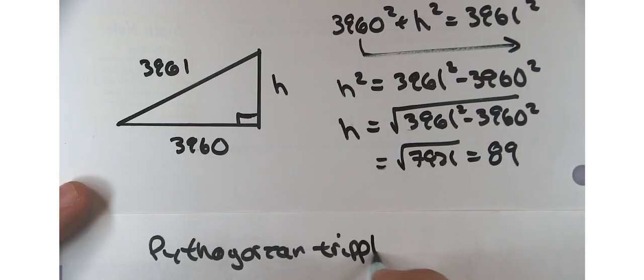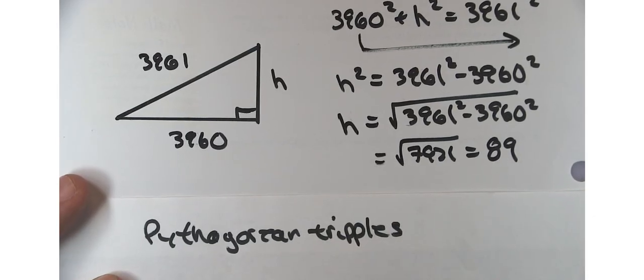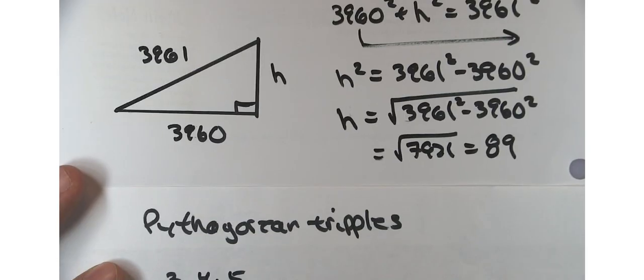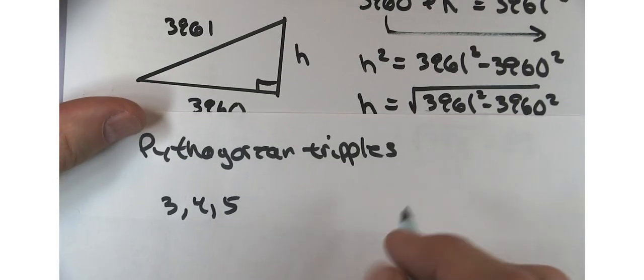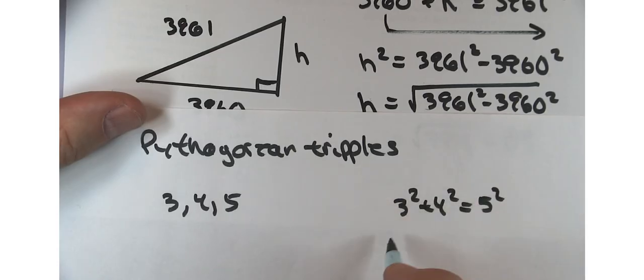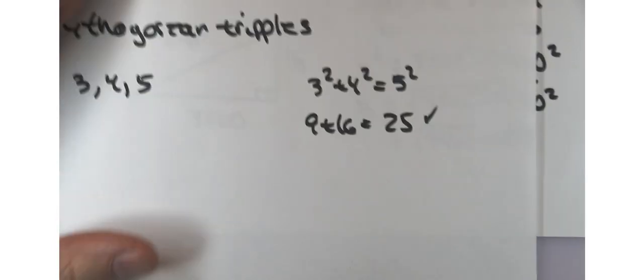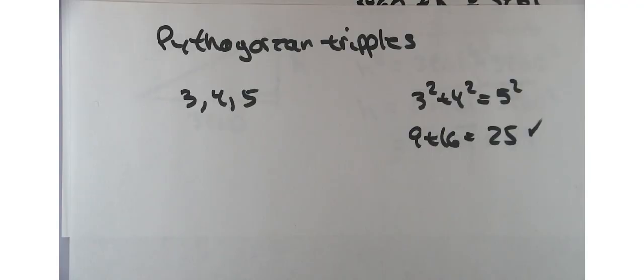I think so. So 3, 4, and 5. And you can see that because 3 squared plus 4 squared equals 5 squared. 9 plus 16 equals 25. That checks. And there's limitless numbers of Pythagorean triples.